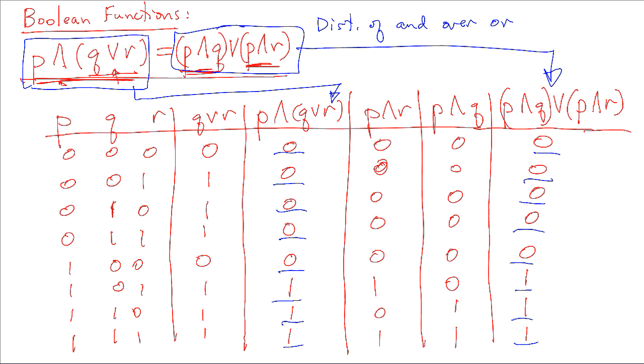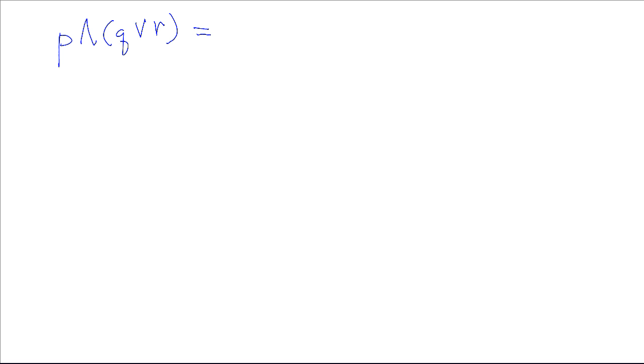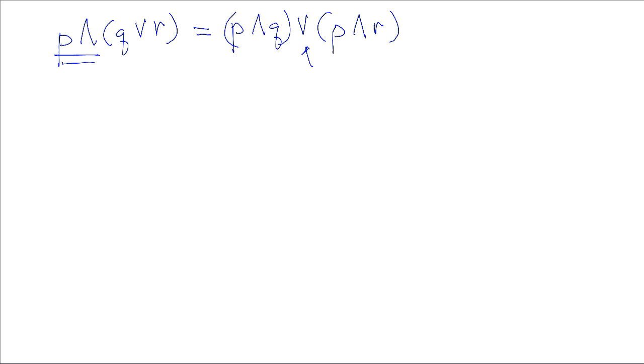Now, real quick, I'm going to show you a simpler way of doing that truth table that has fewer steps. First of all, I'll copy down what I'm trying to prove here. P and Q, or, so I'm taking the P and I'm operating the P and on both the Q and the R, separating the whole thing by an OR.